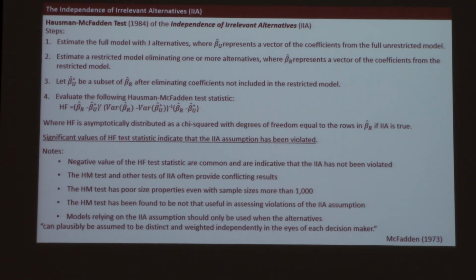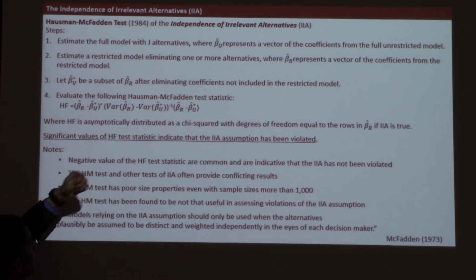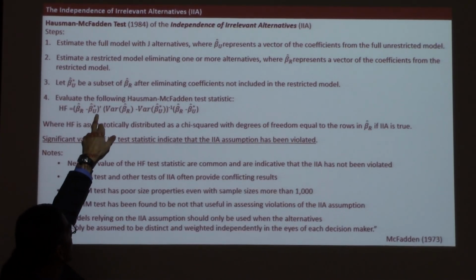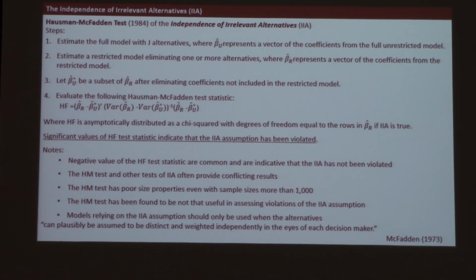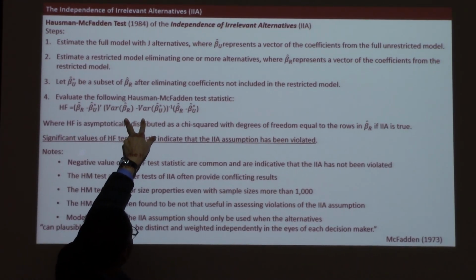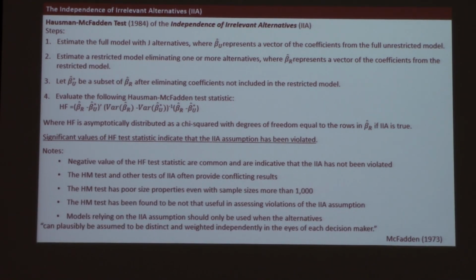They compare the coefficients from the restricted model, where one of the categories has been removed, with the unrestricted model, where all the categories are in there, and see if those coefficients differ. They also look at the variance between the two regressions and see if they differ when we remove one of the categories. If they differ significantly, then we'll get a statistically significant Hausman and McFadden statistic.